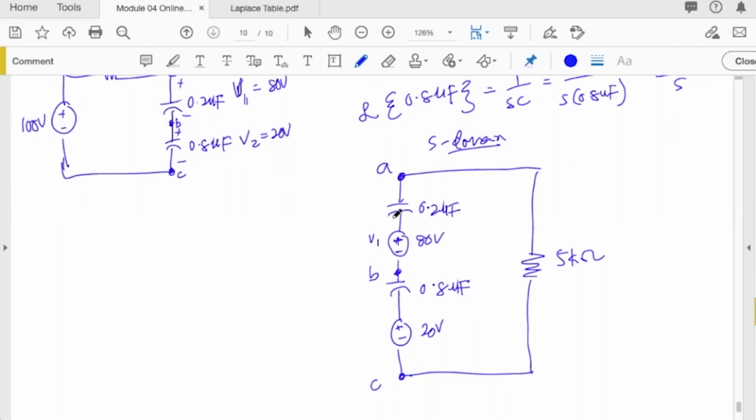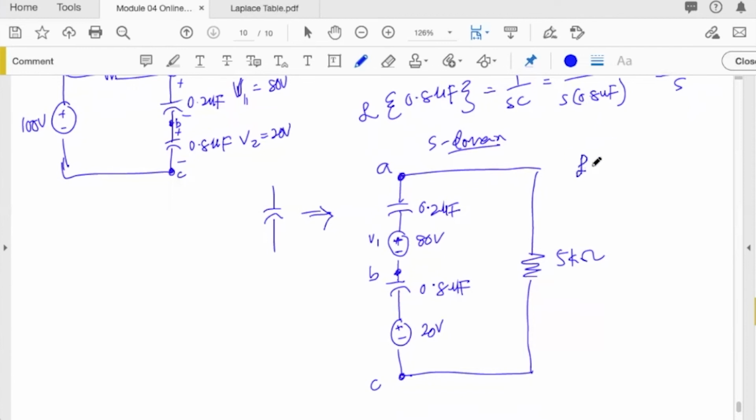Okay, so you can refer to the transformation of a capacitor where you have a single capacitor in time domain. So if you transform, you will have a capacitor and its initial value. Okay, so next, this is in terms of time domain, so we need to change this 80 volts into S domain.